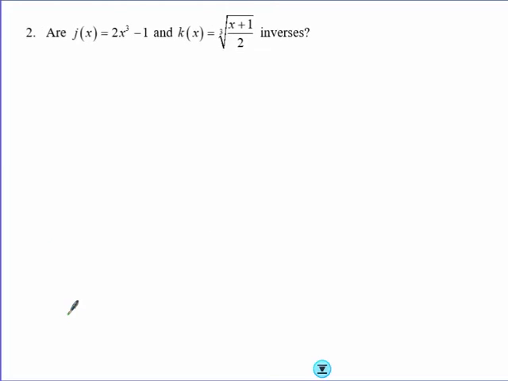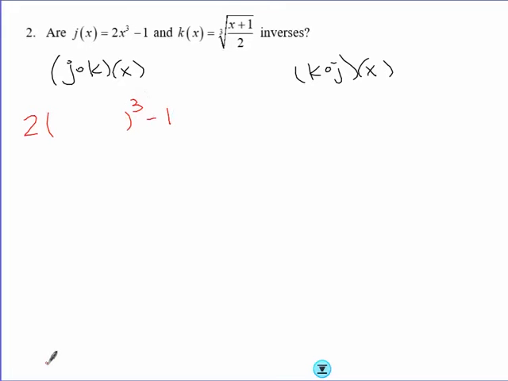Our next problem is, are j of x and k of x inverses? So again, we need to find the compositions j of k of x and k of j of x. So I'm going to take k of x and plug it in to j of x. Here's where you need to be careful with your order of operations.